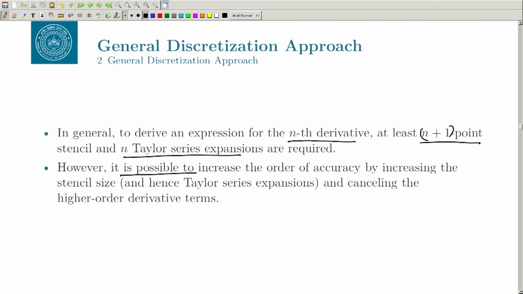However, it is possible to increase the order of accuracy by increasing the stencil size, right. So, right now what we have done, we have taken I plus 1 and I minus 1 to get the derivative del f by del x at I, right, but nothing stops you from considering I plus 2 and I minus 2 also.